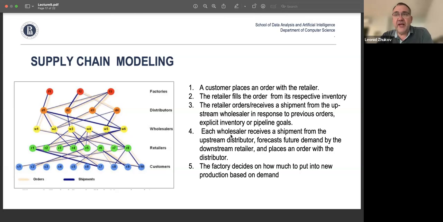Now, in supply chain modeling, you can do integer programming and overall optimization. But quite often, even after you've done that, you try to run a simulation that would actually simulate this process. Eventually, the simulation controls how much stuff has to be produced by factories, and how much has to be distributed and through which channels.